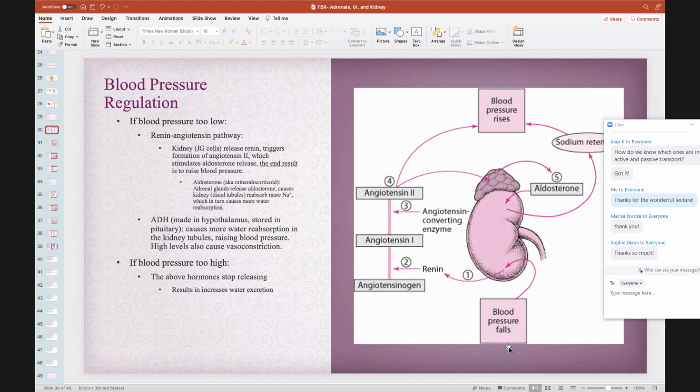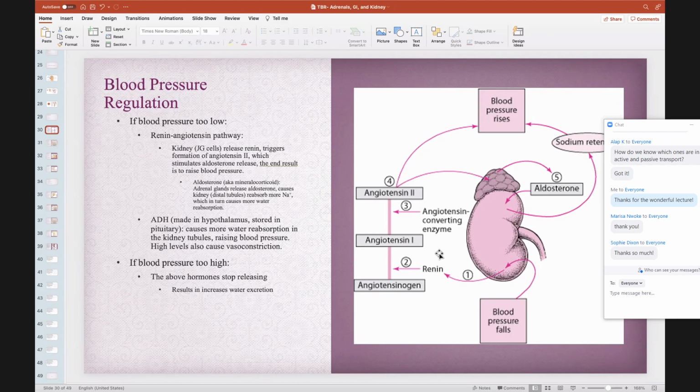If we relate it back to that passage, what noticed it? It was the kidney arterioles, right? The kidney arterioles realized, hey, the blood pressure here is low. So they're going to release renin.